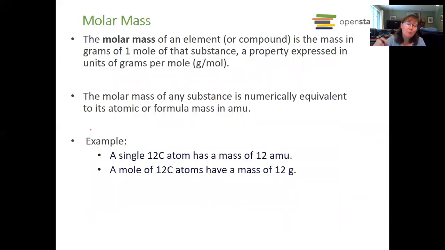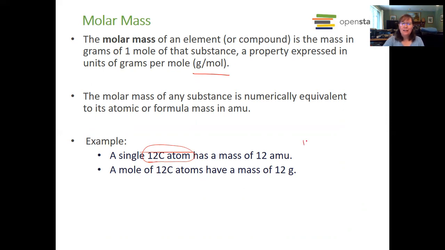So the molar mass of an element or a compound is the mass in grams of 1 mole of that substance. It's a property expressed in the units of grams per mole. The molar mass of any substance is numerically equivalent to its atomic or formula mass in atomic mass units. So a single carbon 12 atom.